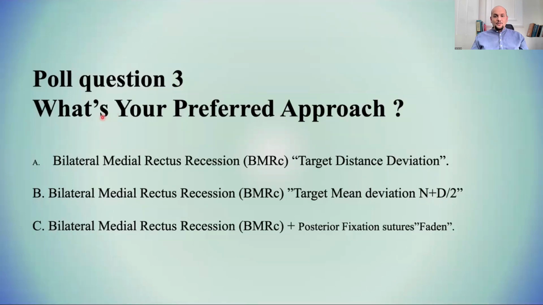Okay, so 42% said bilateral medial rectus recession with the target being the mean deviation, near plus distance divided by 2, and 38% said bilateral medial rectus recession with posterior fixation suture, and that is what I have done actually.